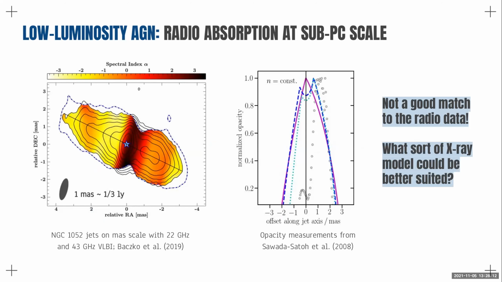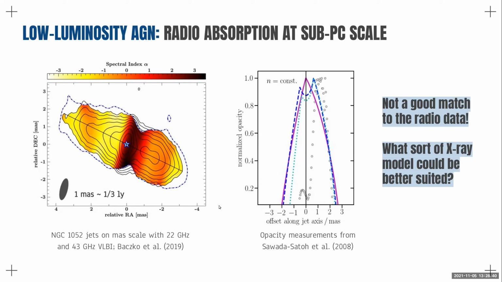To look at the physical scale, we turn to VLBI data. Here is an example of that particular jet, NGC 1052, on a sub-milliarcsecond scale. This is the jet. Transverse to the jet is a band that is highly absorbed. There is some free-free absorption in the way, and we can associate that perhaps with the torus.